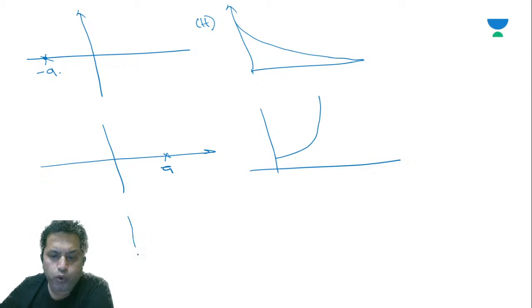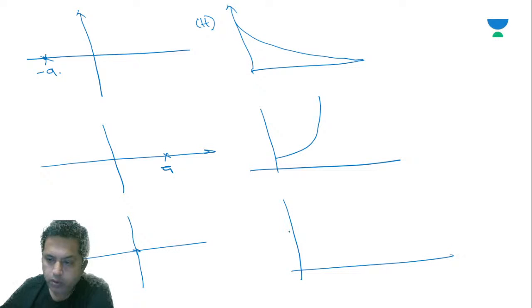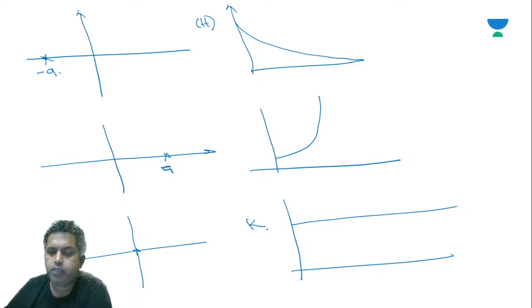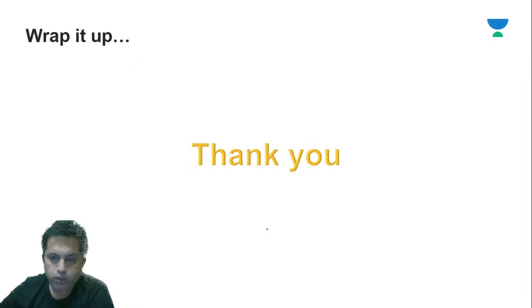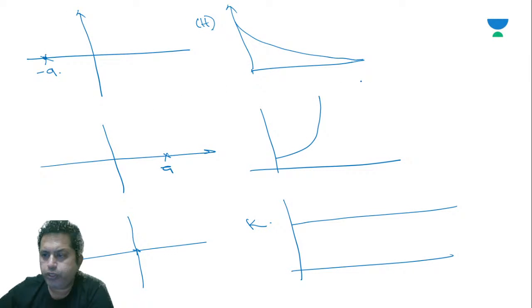Suppose a pole is at the origin. The response is a straight line. Pole is at the origin.